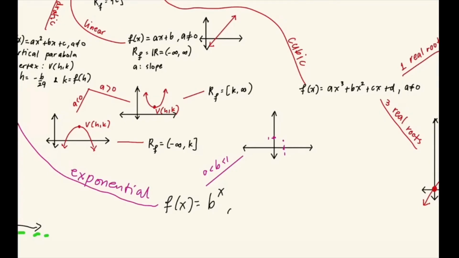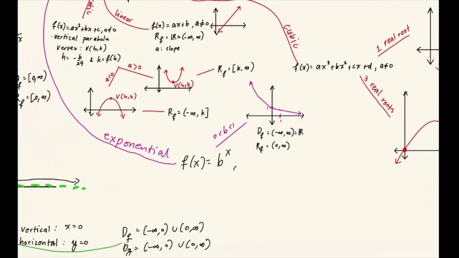For example, 1/2 raised to 2 would become 1/4. So it gets smaller and smaller. So this is the graph of your function. The domain, if you look at the graph, is the set of real numbers. But the range is just from 0 to infinity, 0 excluded.